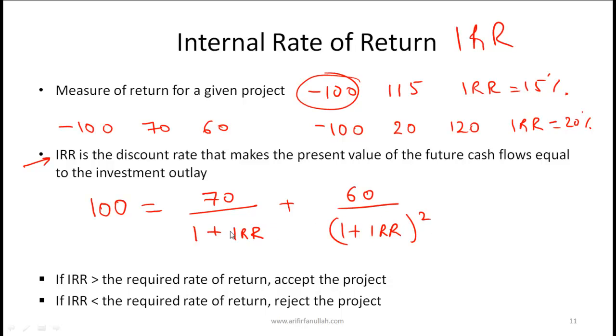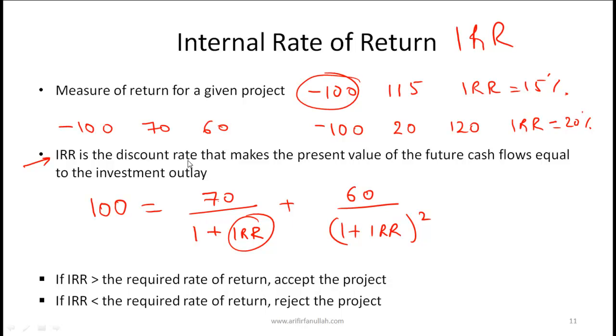So that IRR, or that return, which will make the present value of these cash flows equal to the cash outlay, is our IRR. If you use a trial and error method, you can use different interest rates and figure out which interest rate will make these two equal.